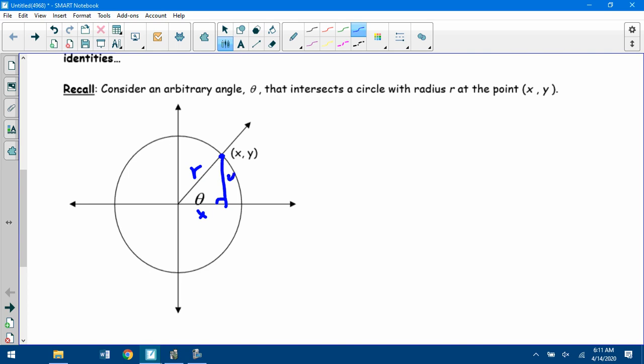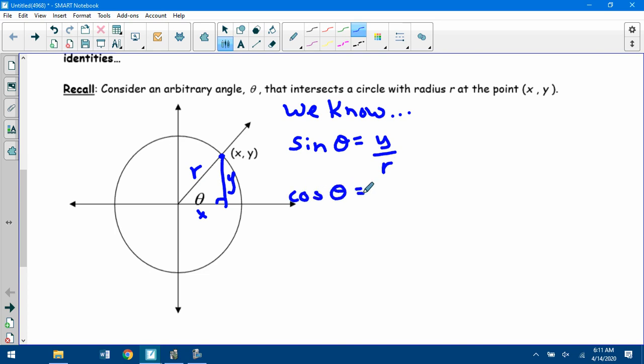You've seen this picture before. And what we know based off of this picture, we know that sine of theta equals what on this picture? Opposite is y, hypotenuse is r, so y over r. And we know cosine of theta is adjacent over hypotenuse, so that's x over r.